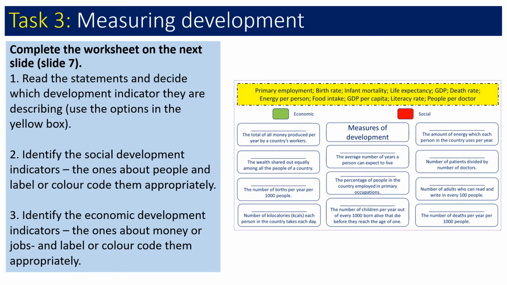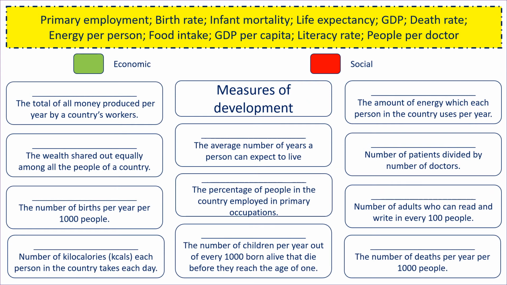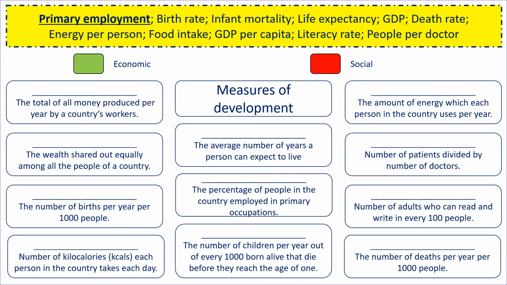So once you've done that, you can then also colour code these in terms of any social development indicators, so ones that are about people, and any economic development indicators, which are any that are about jobs or the wealth of a country.